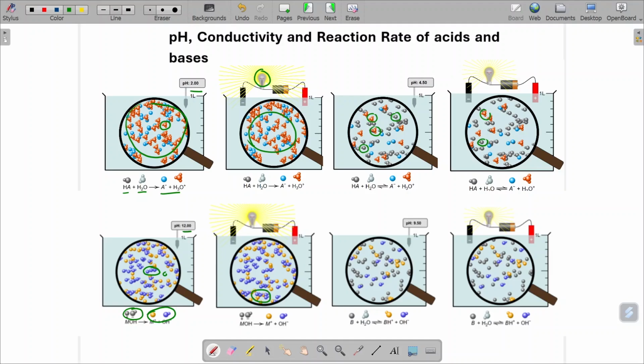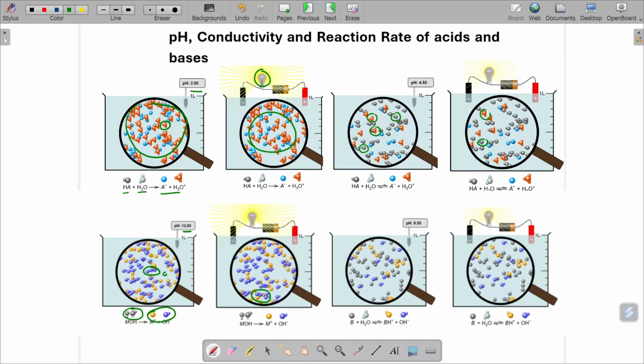Because we have a large number of ions, we have a high conductivity because many charge carriers are available in the circuit. And finally, in terms of the reaction rate, because we have a large number of ions, we have a large number of effective collisions, and therefore the reaction rate with a strong base will be very high.